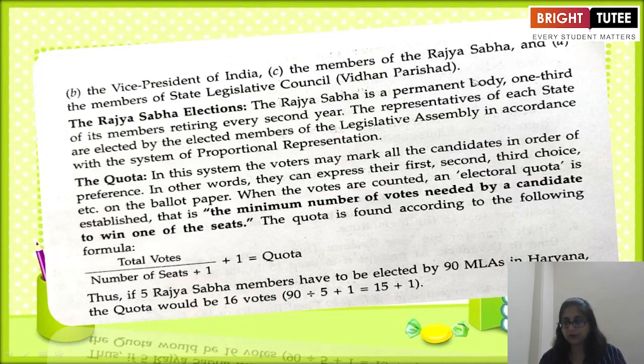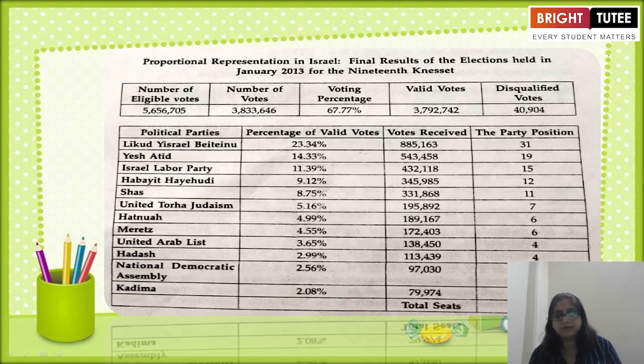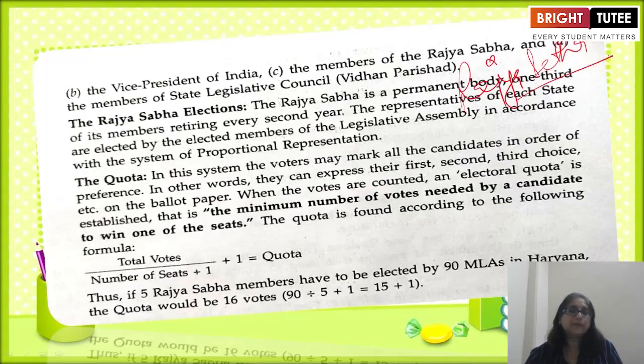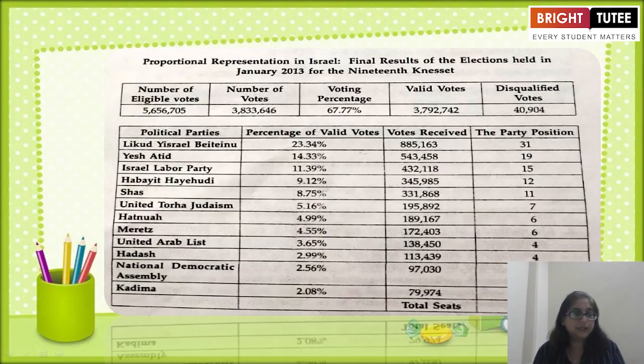If we talk about Rajya Sabha elections, the Constitution of India provides for the single transferable vote system to be followed for Rajya Sabha elections, and every state has a specific quota of seats in the Rajya Sabha, and the members are elected by the members of the state legislative assemblies, the MLAs in the state.